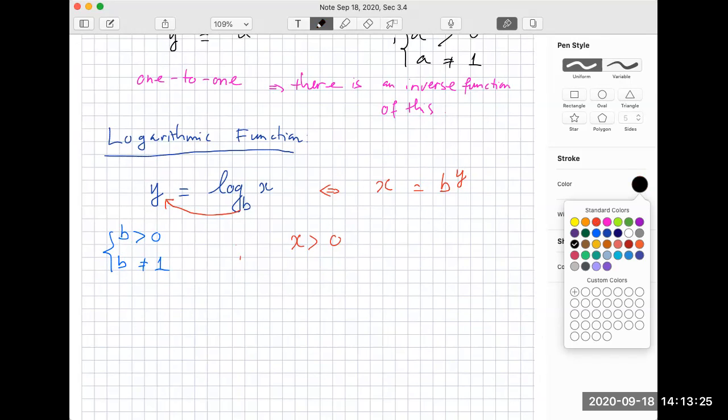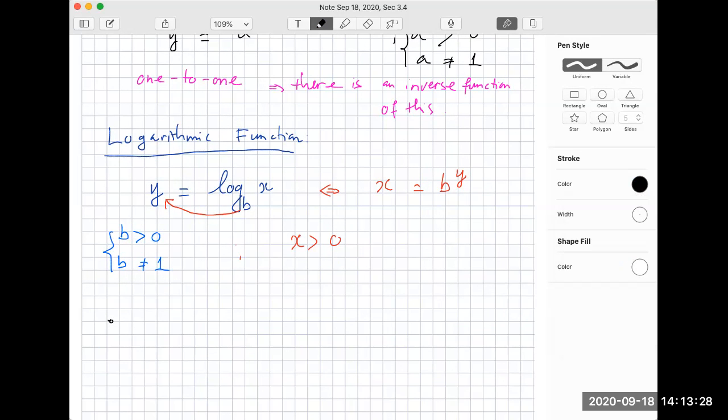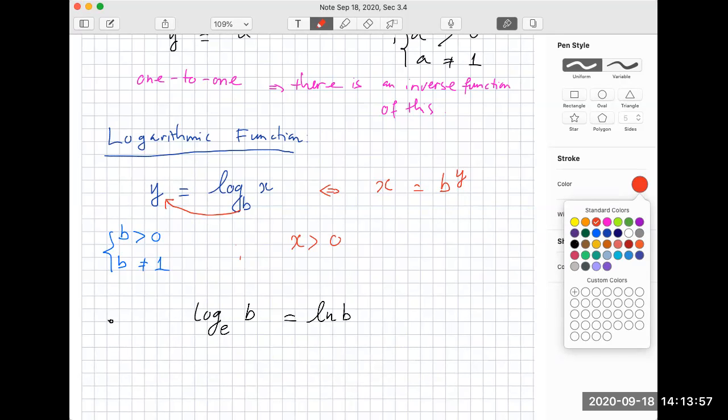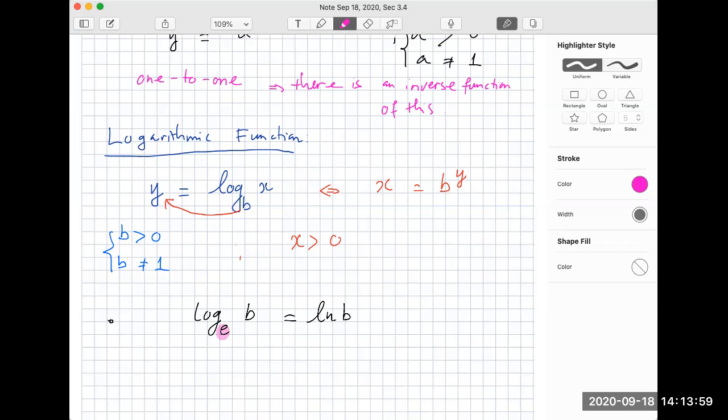From this definition, we know that, look at this. We define the logarithm with base e of a number b. If the base is the number e, the constant, then we write it ln b.